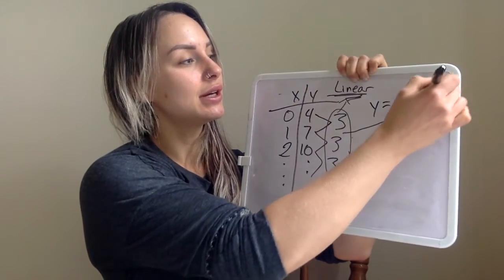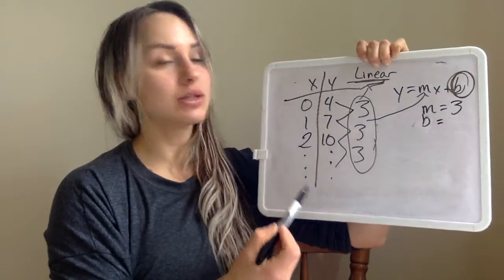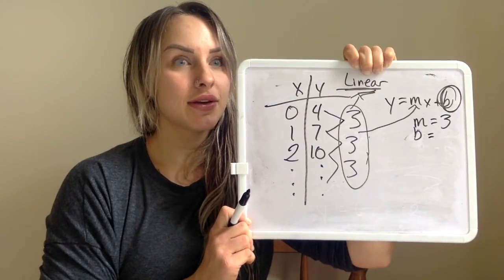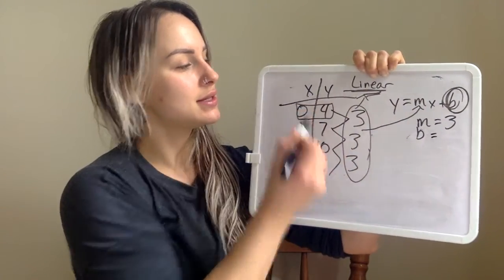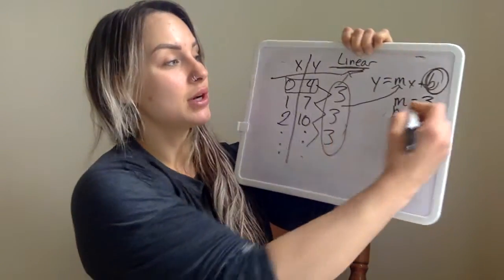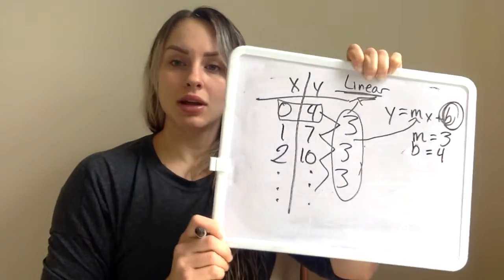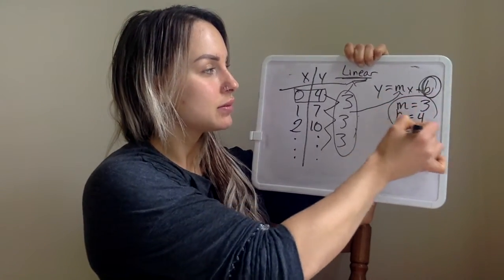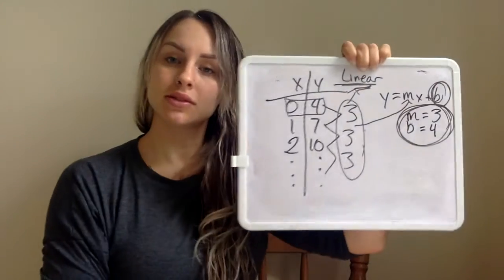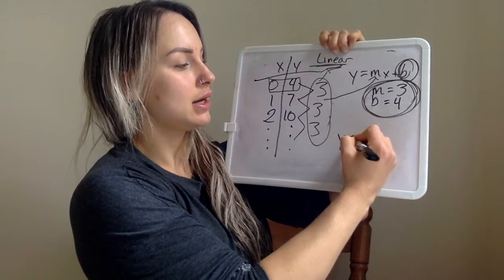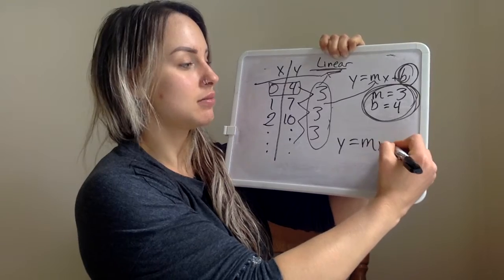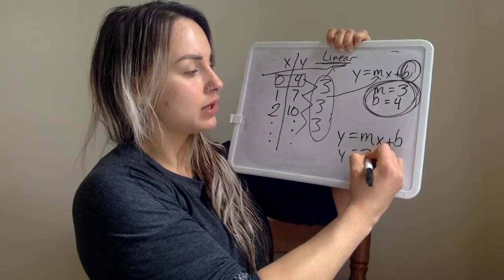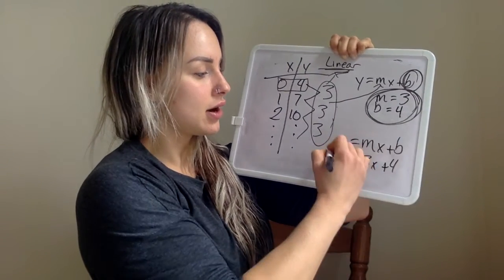This letter here is referring to when x is 0, y is 4. So our number here is 4. So when we write this equation, we just plug the things we just found into our y equals mx plus b equation. So y equals 3x plus 4.